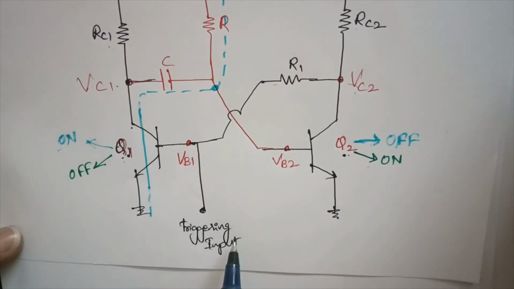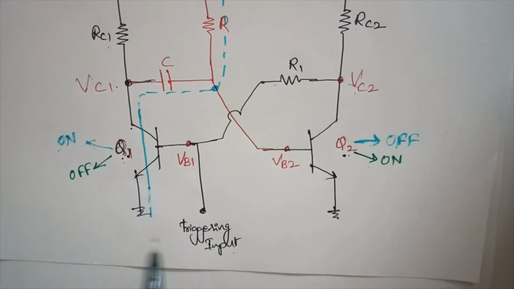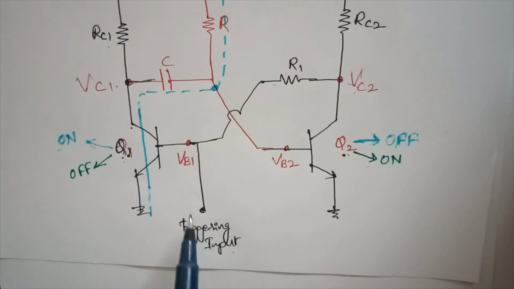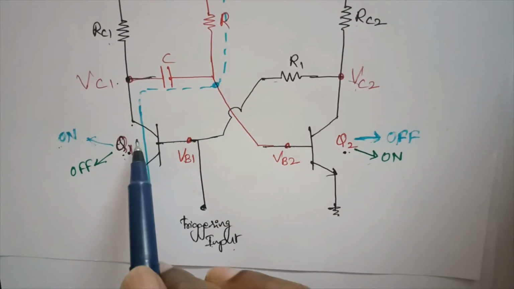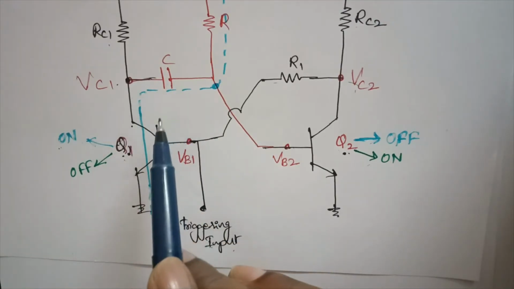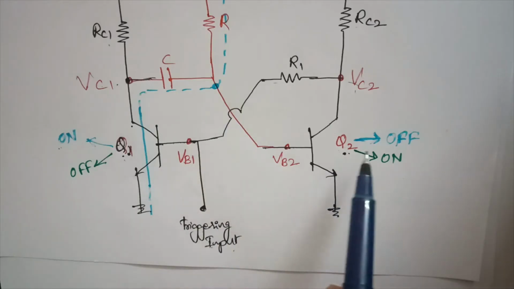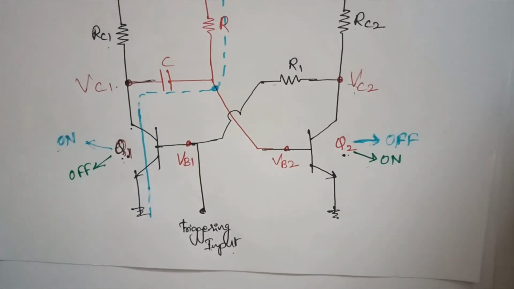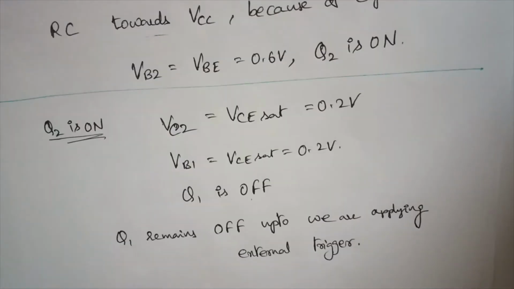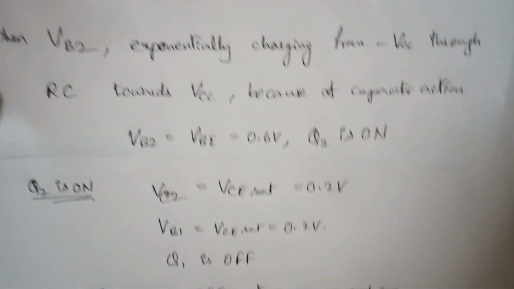If we are not applying any triggering input, Q1 remains in the off position. When we apply triggering, Q1 becomes on again, and this on 0.2 volts will switch off Q2. This will continue. With the help of this operation, let us move on to the output waveforms.